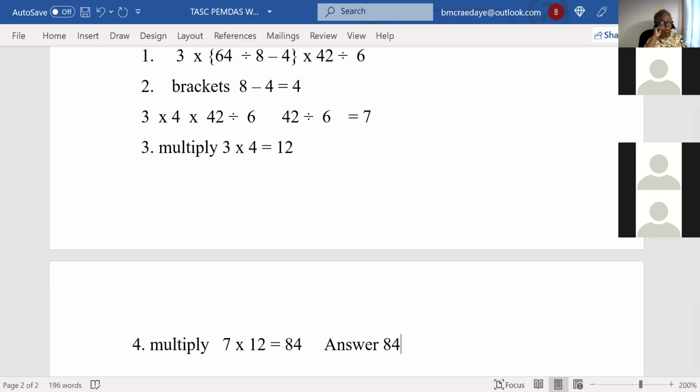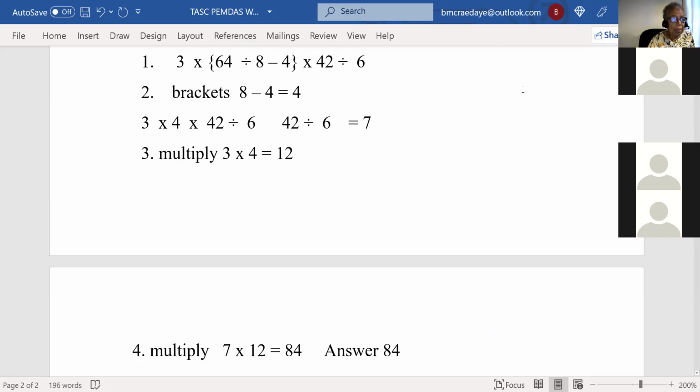Okay, so the key when you have parentheses brackets is you've got to do everything within the bracket. So back up here where we had 64 divided by 8 minus 4, we had to do 64 divided by 8, which is 8, and then 8 minus 4 is 4, and that would clear the bracket. So what we got in the bracket is the number 4.